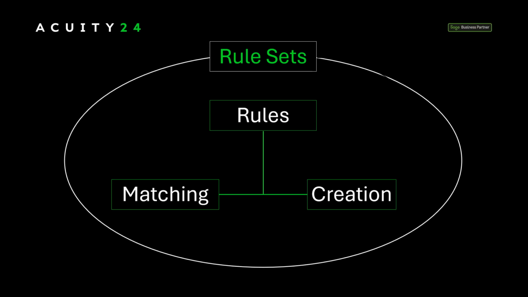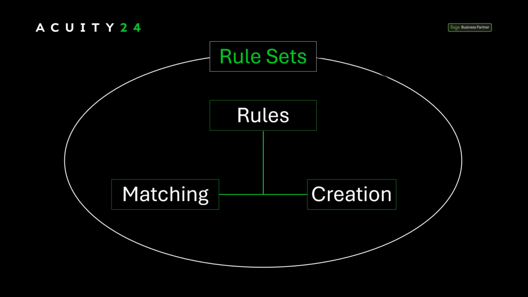What you should see here is a very simple diagram, essentially indicating that rule sets comprise a series of instructions that Sage Intacct uses to deal with the transactions being imported into Intacct, be it via a bank statement import or an automatic bank feed, as mentioned. These instructions are called rules, and there are two types of rules: matching rules and creation rules, which is what the diagram shows.